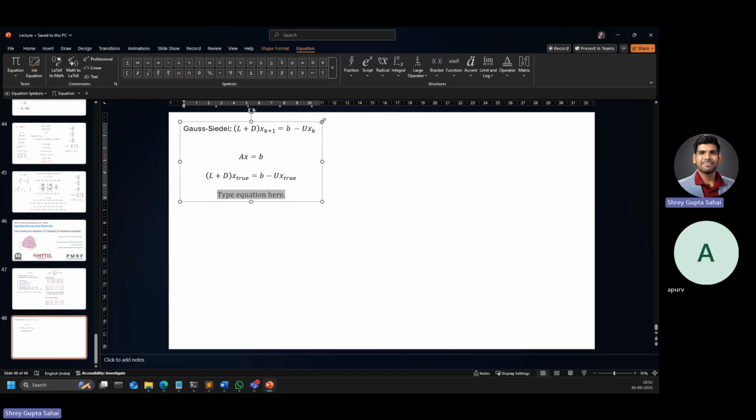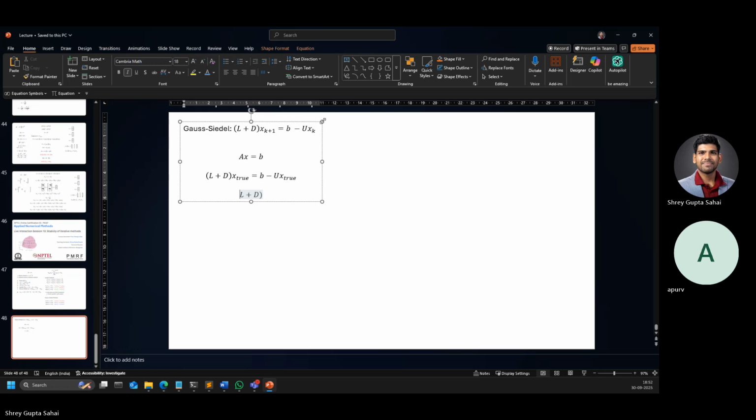Now if I subtract these two equations, what you're going to get is (L plus D) times (x k plus 1 minus x true) is b minus U x k minus x true. So b gets cancelled.